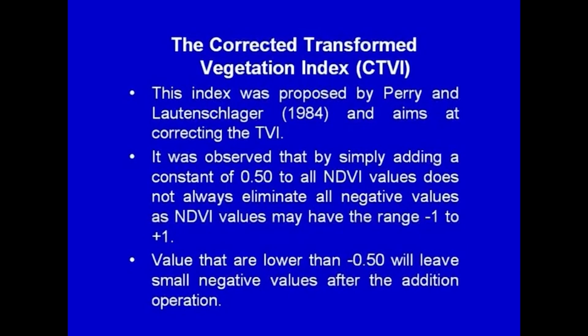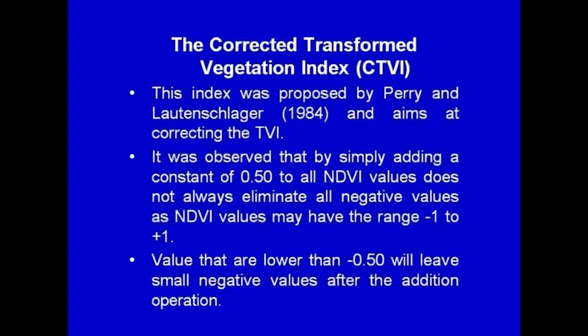The next index is the corrected transformed vegetation index, or CTVI. This index was introduced by Perry and Lautenschlager in 1984 and aims at correcting the TVI. It was observed that simply adding a constant of 0.5 to all NDVI values does not always eliminate all negative values, as NDVI values may range from -1 to +1.